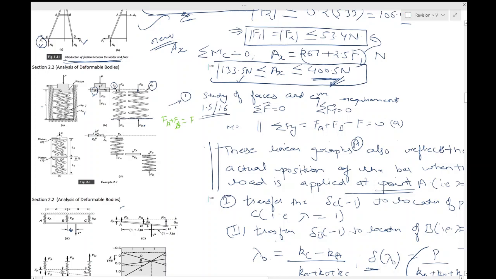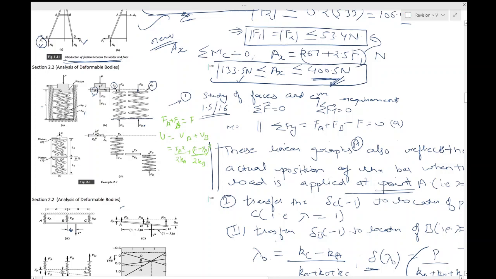So FA plus FB is equal to F, and the total potential energy is UA plus UB. That would be equal to FA square by 2KA plus (F minus FA) whole square by 2KB.